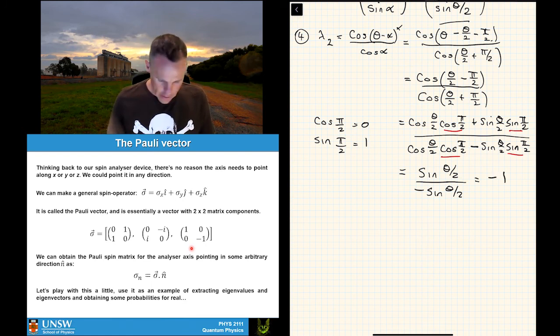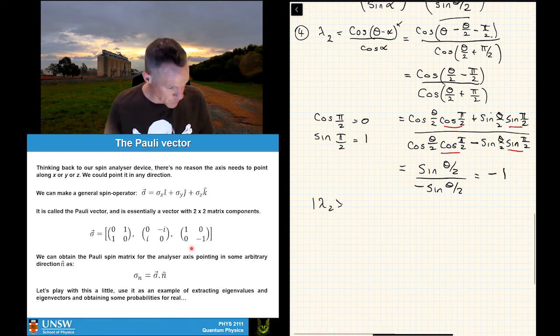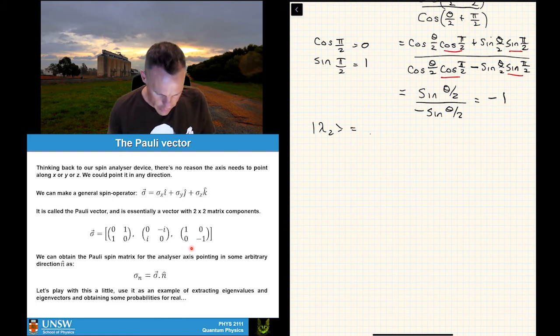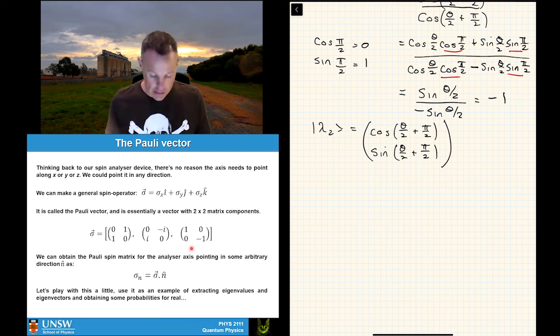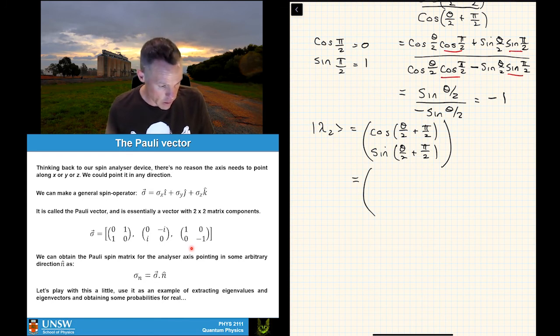And then the last step in here would be to get lambda 2, the eigenvector. And so it will be cos theta on 2 plus pi on 2, sine theta on 2 plus pi on 2. And of course, we can do exactly the same expansion that we did in the previous part for the eigenvalue.